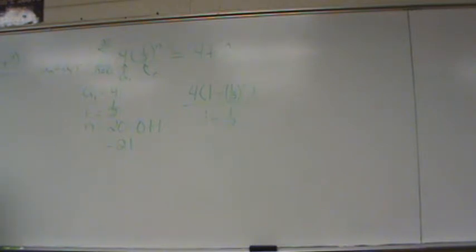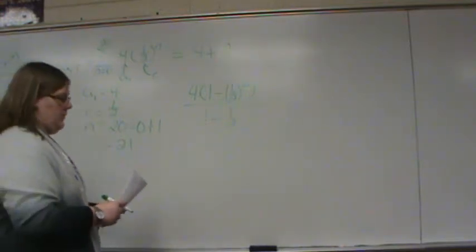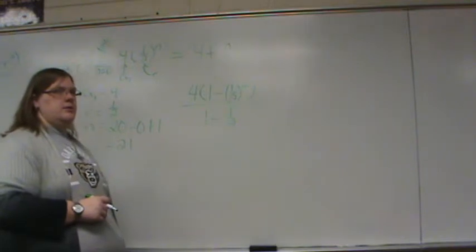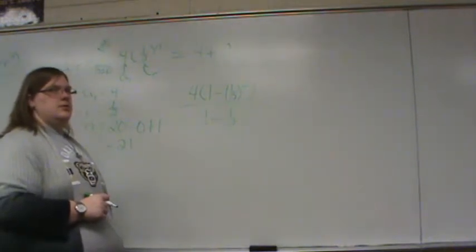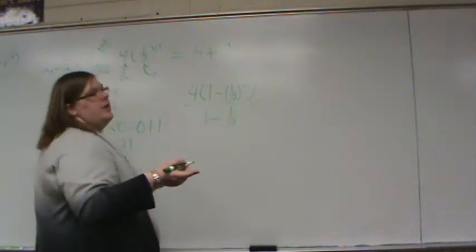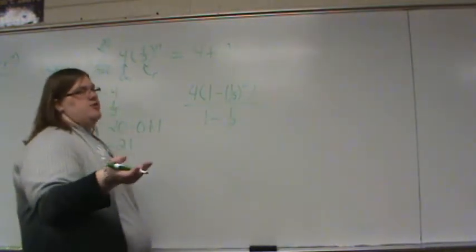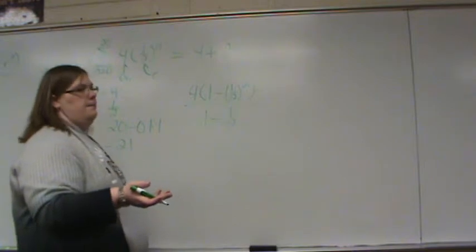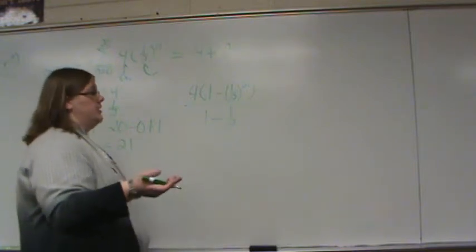And what are we getting? You're getting a fraction? Can you change it to a decimal? 8. So it's telling you that it's approximately 8. So in your Inspire, it'll give you a decimal, and then if you change it to an exact answer, it'll give you 8.